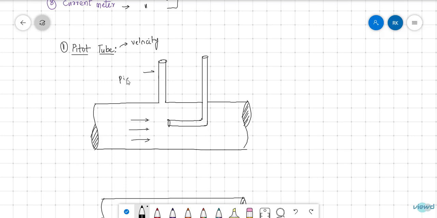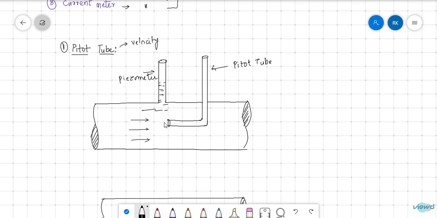This is the piezometer. The piezometer is used to measure the static pressure, and this is the pitot tube. In order to measure the velocity, the liquid will rise in this piezometer.